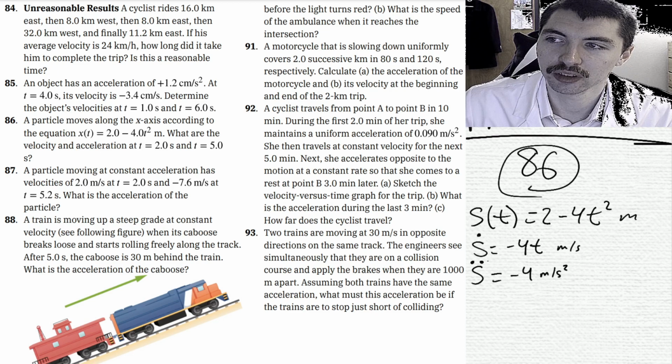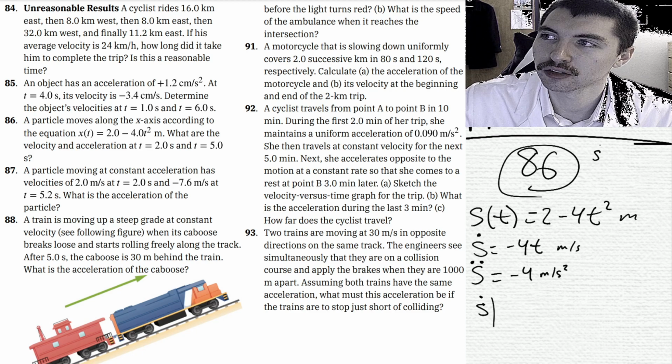Okay, so we're just going to do s. If you don't know, I'm using Newton's notation. s dot is basically saying ds over dt, which is basically saying ds(t) over dt.